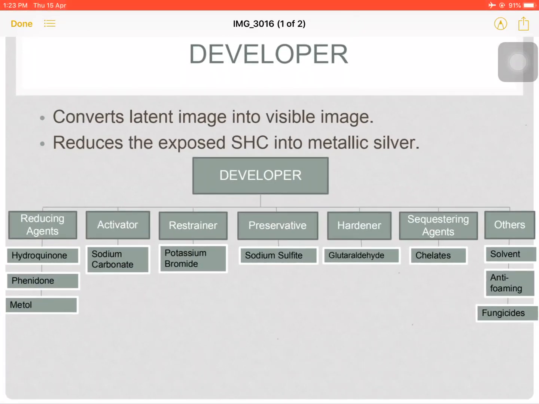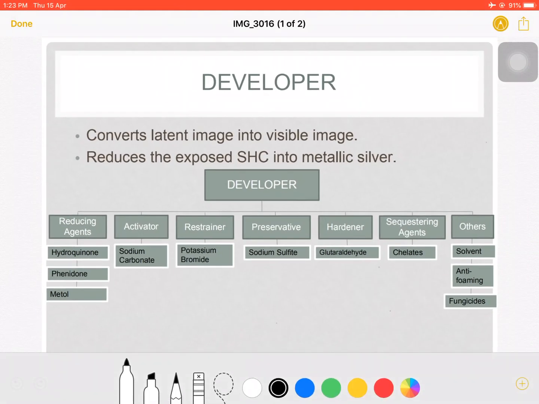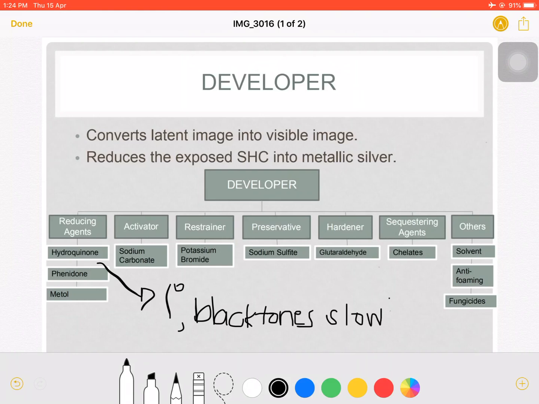Okay. So, hydroquinone is the principal component of our developer. This produces black tones slowly. Our hydroquinone is responsible for producing black tones slowly.